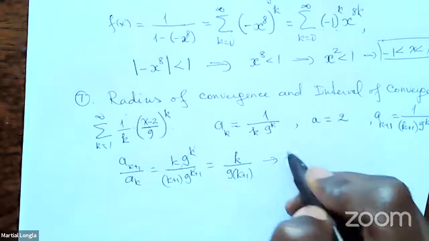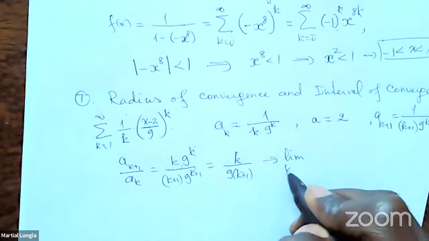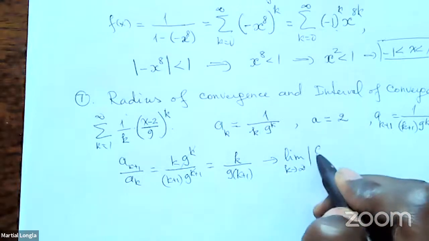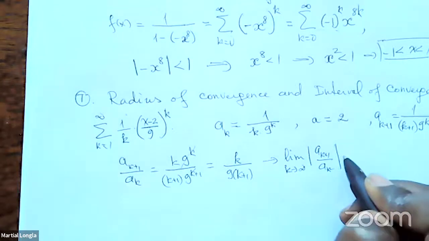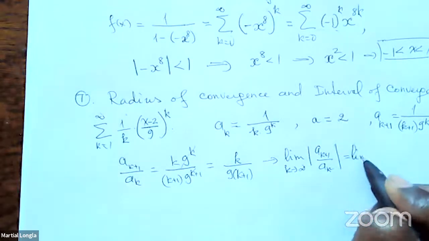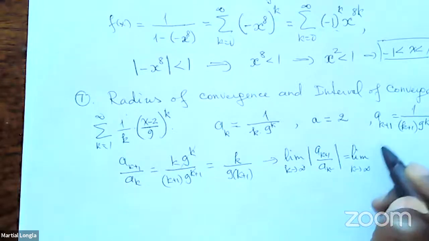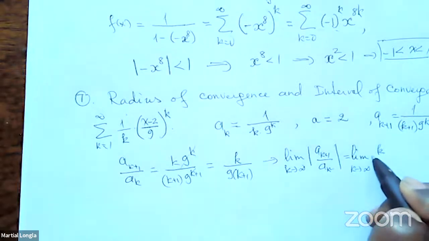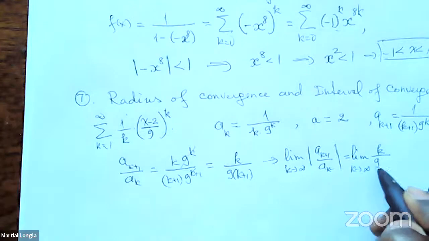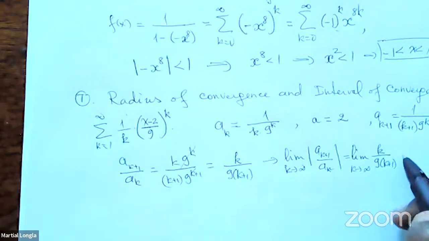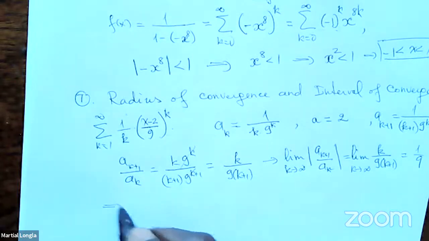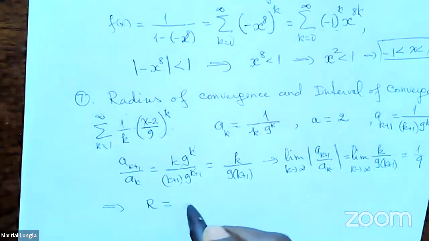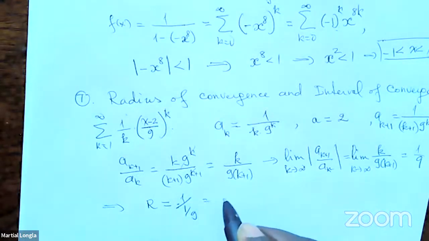And that gives you that the limit as k goes to infinity of absolute value of AK plus 1 over AK equals the limit when k goes to infinity of k over 9 times k plus 1, and that's 1/9. And that tells you that the radius of convergence is 1 over 1/9, which is 9.